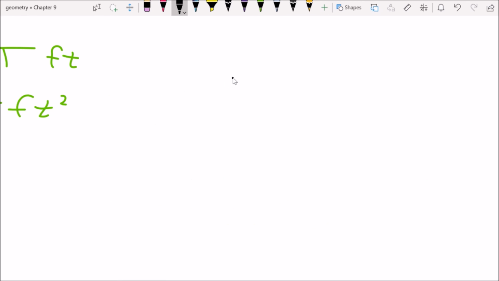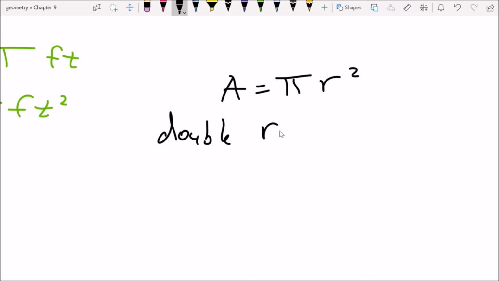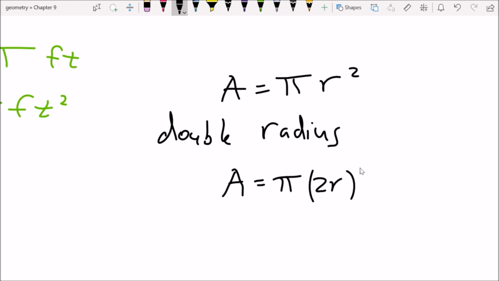Let's consider that equation, area equals pi times radius squared. If you double the radius, what happens to that equation is that we have area equals pi times a doubled radius getting squared. Let's remember what that means. That would be pi times, and remember squared means times itself, so pi times 2r times 2r.